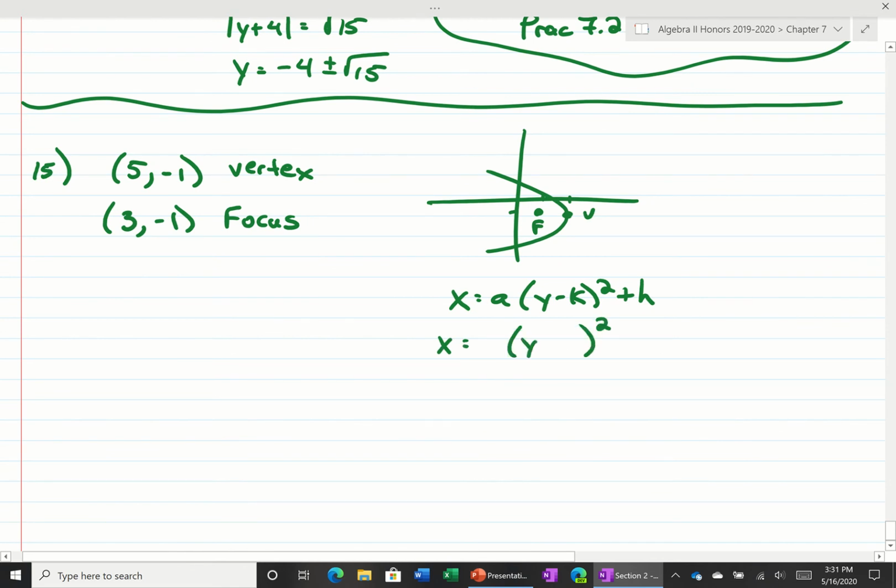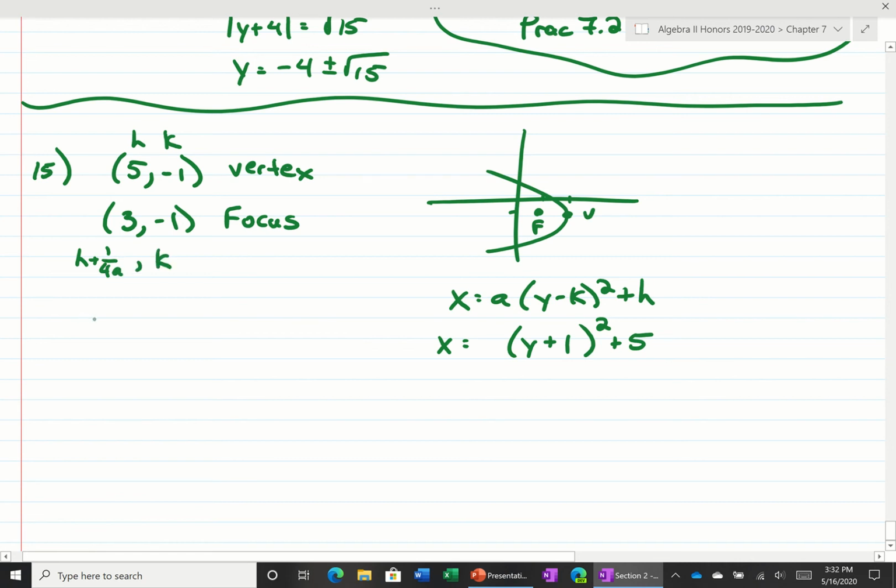If the vertex is 5, -1, we have our h and k. Remember, the number inside it's minus k, so we're subtracting -1, which is +1. Now we just have to figure out the a value. Well, the focus is going to be h plus 1 over 4a and k, right?